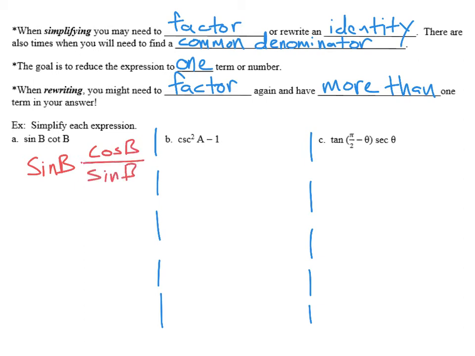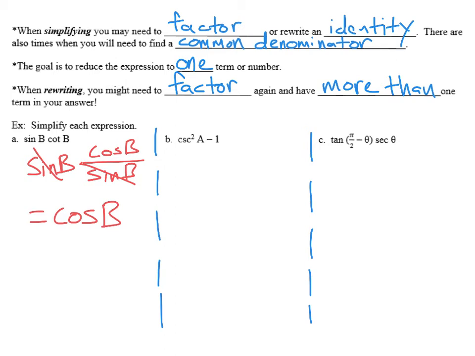Cotangent was the most obvious place to make a substitution with that quotient identity. Once I do it, I see multiplying and dividing by sine of b will cancel, and it will equal cosine of b. Okay, so we did it. Sine times cotangent equals cosine. We took that trig expression and we simplified it.